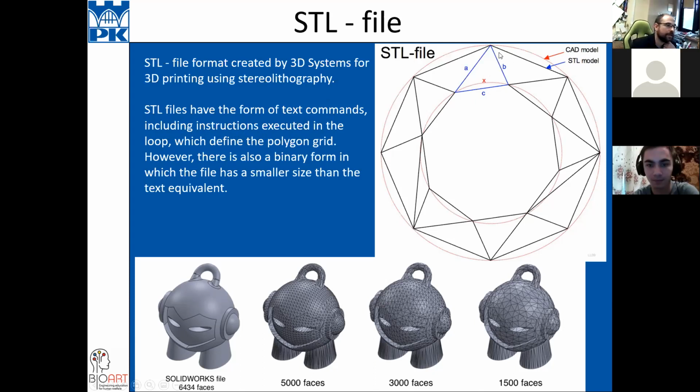Like you can see here, you see a CAD model, for example this kind of CAD model, and here you have the STL model, and the quality of surface is lower, but when you want a good quality of surface, the file must be bigger, because it has a lot of triangles. But the more triangles you get, the more the surface will be similar to the CAD model.